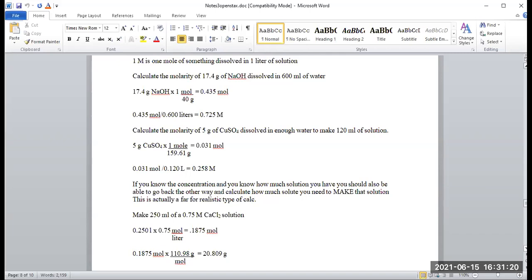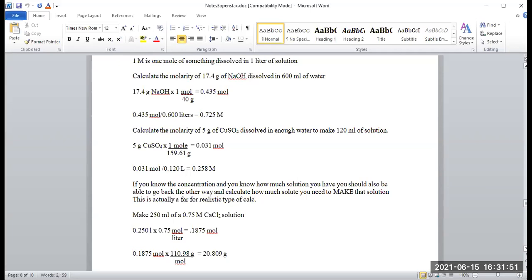So I'm dividing by the molar mass. 1 sodium from the periodic table plus 1 oxygen plus 1 hydrogen will give me a molar mass of 40. Do your division, you get 0.435 moles. Now you need to do your second step, which is to divide by 0.6 liters. This will give me 0.725 molar.